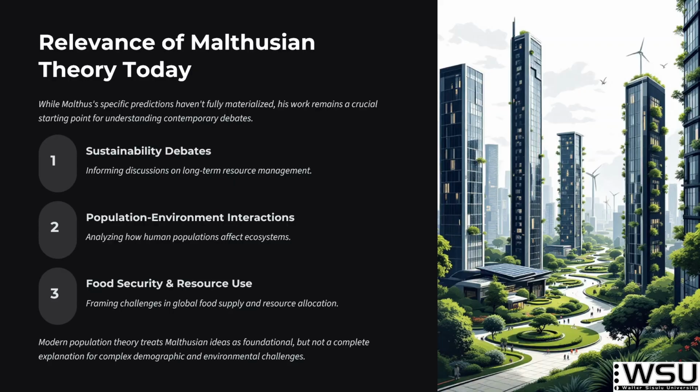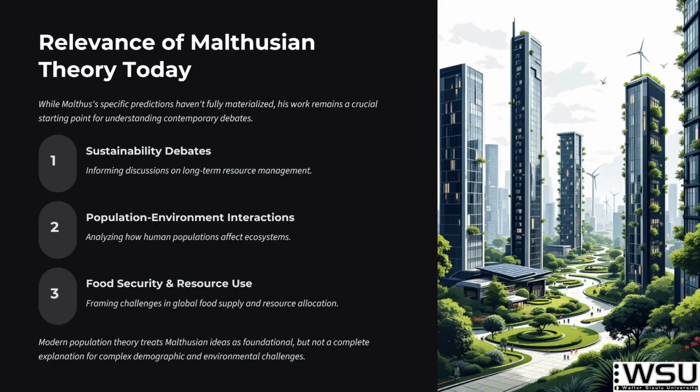Food security and resource use. We need to frame the challenges in global food supply and resource allocation. Okay, so it helps us to frame the challenges that we have in global food supply, and what those challenges are that are causing the food supply shortage. What about the resource allocation? Do we have equal resource allocation that causes people to have equality across the board?